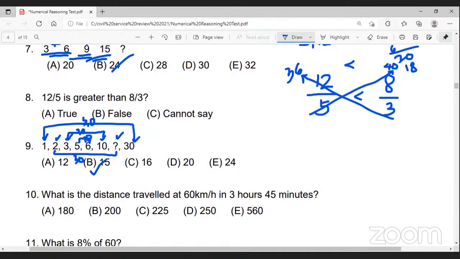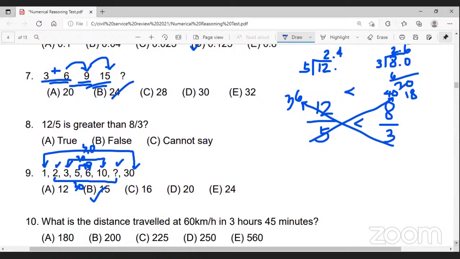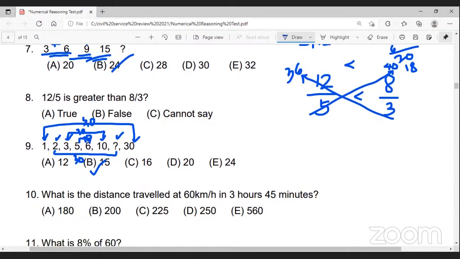Now, 10th item. It was not yet reviewed, the distance formula. Somebody who knows the equation for distance? Distance is represented by small letter d, and the rate by small letter r, times time. A variable beside another variable means the operation between is multiplication.